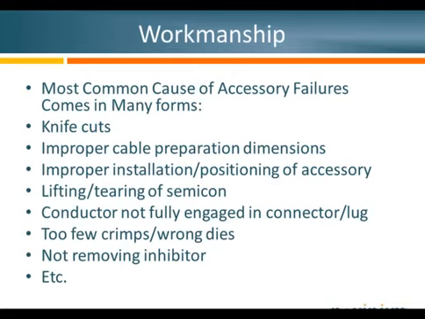And again, emphasize to them that workmanship causes many of the accessory issues. And so it's important to take your time to do a good job, to do it correctly. More important than speed is accuracy in these, in order to get longevity and reliability out of your accessories.